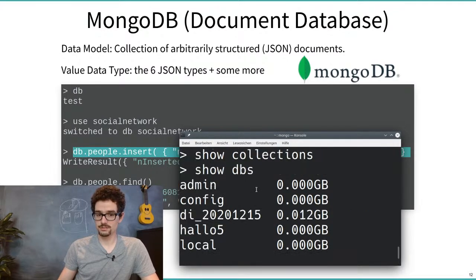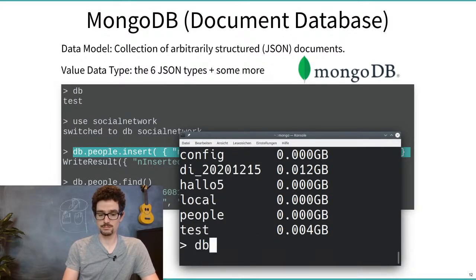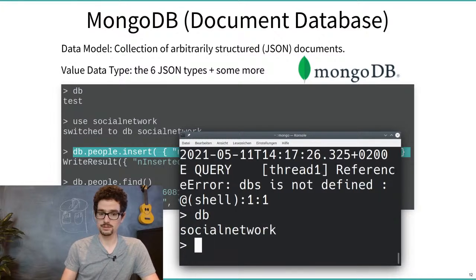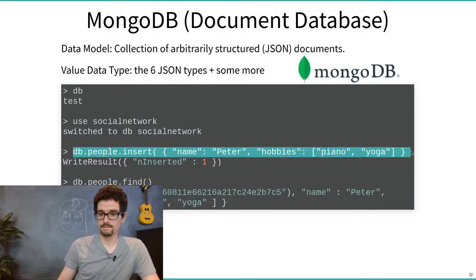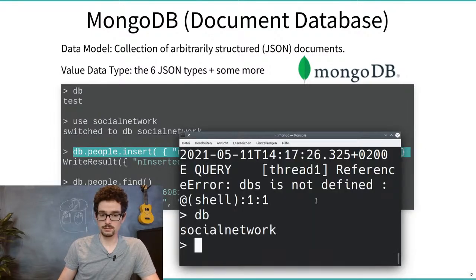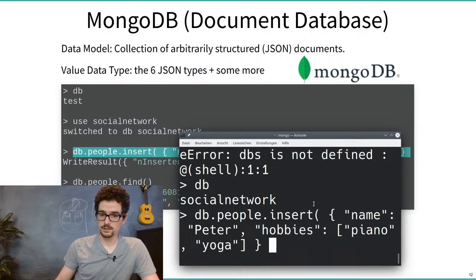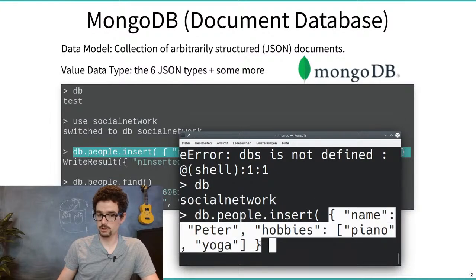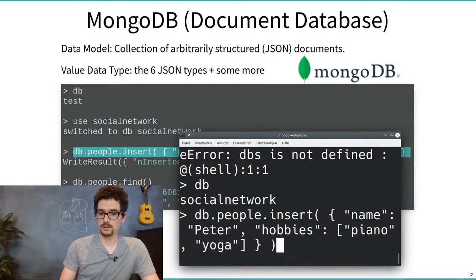It is still not there, but I'm connected to it, even if it's not there. If something is not there, it works anyway. Now I insert something. Insert, here's the opening bracket, then comes my JSON document, and then the closing bracket.